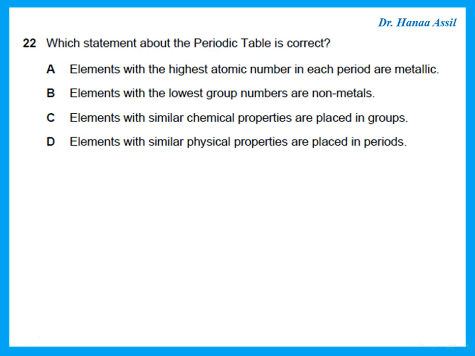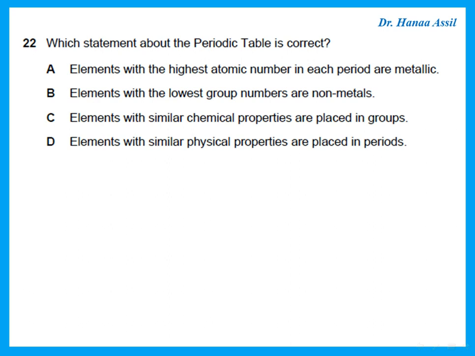Which statement about the periodic table is correct? Let's take it one by one. Elements with the highest atomic number in each period are metallic. Is that correct? Where do we have metals? Metals are at the beginning of the period in group 1, 2, and 3. So their atomic number is less. So that's not correct.